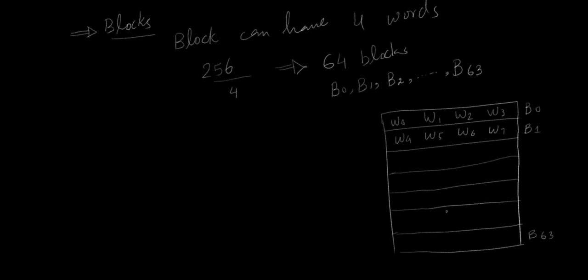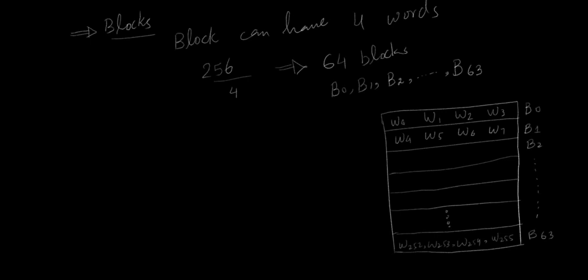And this block will obviously have the last words because my words are ending at word 255. And then word 254, word 253, and word 252. That's how the words are going to be designed inside the blocks, and then keep on going up till block 63.